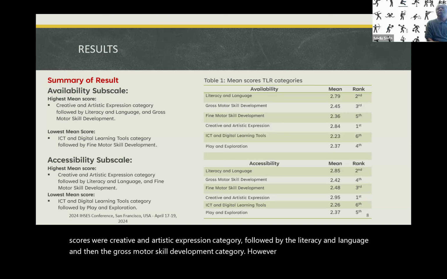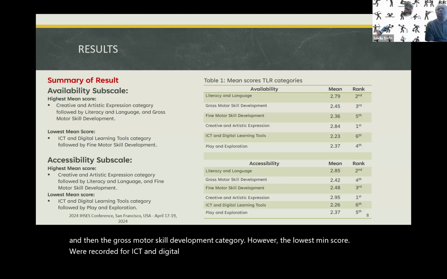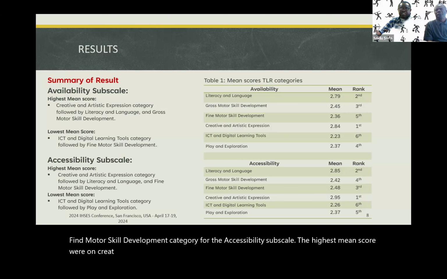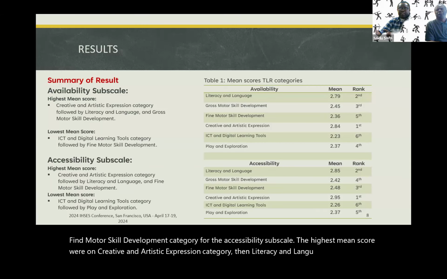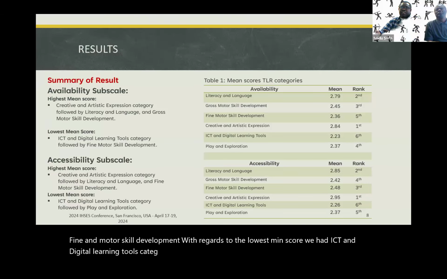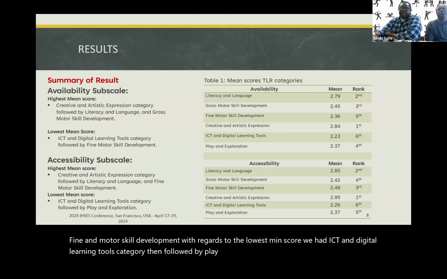However, the lowest mean scores were recorded for the ICT and digital learning tools category, followed by the fine motor skill development category. For the accessibility subscale, the highest mean scores were for creative and artistic expression, then literacy and language, and fine motor skill development. With regards to the lowest mean scores, we had ICT and digital learning tools, followed by play and exploration.